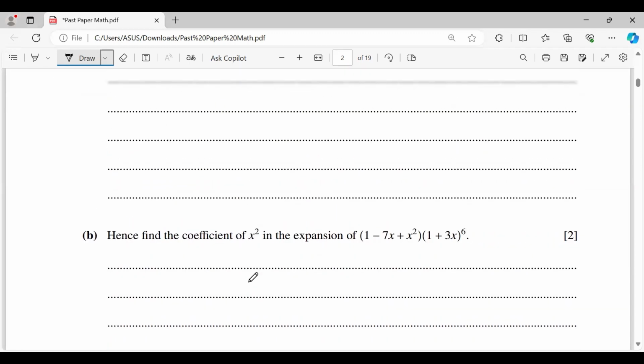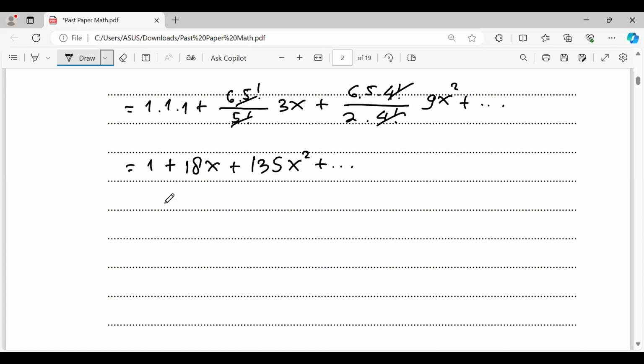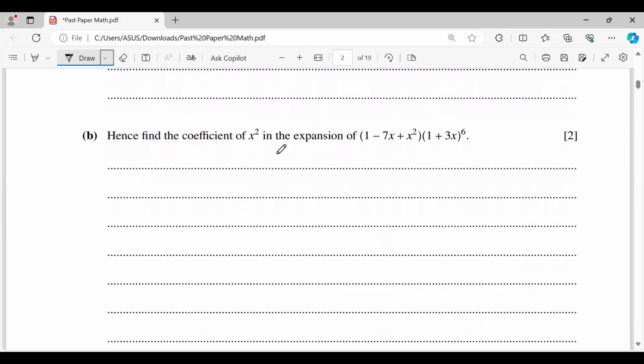So just now the coefficient of x power 0 is 1, coefficient of x equals 18, coefficient of x squared is 135. Hence find the coefficient of x squared in the expansion of (1 minus 7x plus x squared) times (1 plus 3x) power 6.